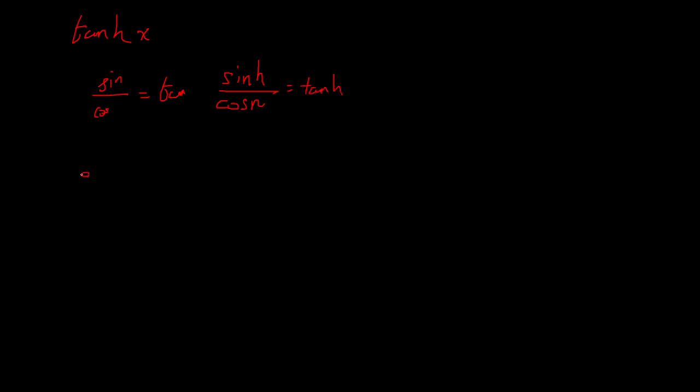So we'd be getting e to the power of x minus e to the power of negative x over 2, divided by e to the power of x plus e to the power of negative x, whole divided by 2. Now if we did a bit of math, which isn't really that much, we'd be getting this right here.